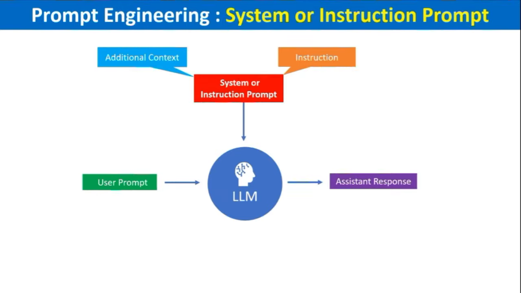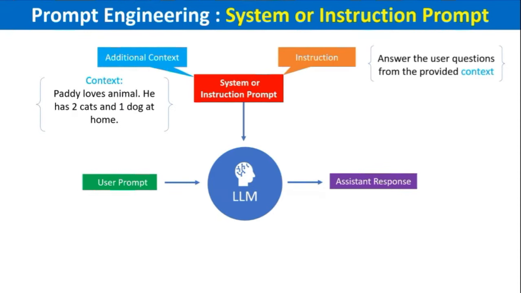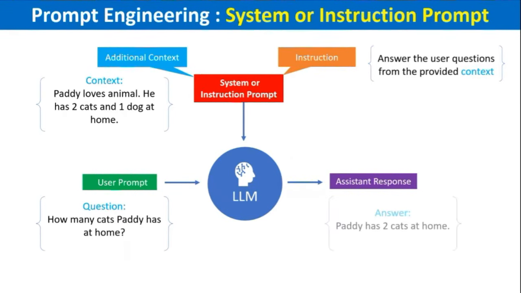Say you provide the instruction as "answer the user question from the provided context." And then you provide the additional context as this: Paddy loves animals. He has 2 cats and 1 dog at home. Now, when the user asks a question like "how many cats does Paddy have at home," the LLM will generate a response like "Paddy has 2 cats at home."